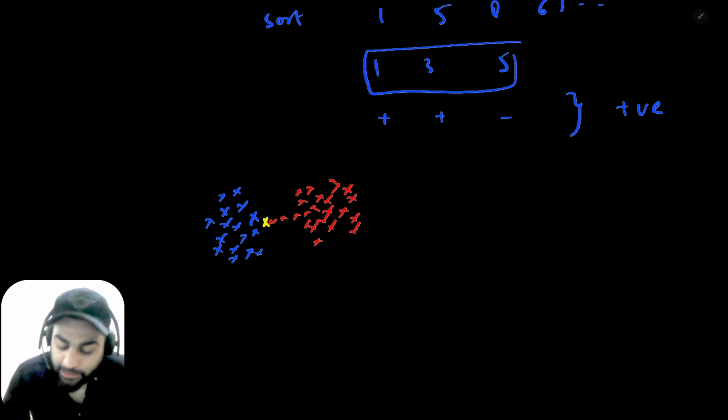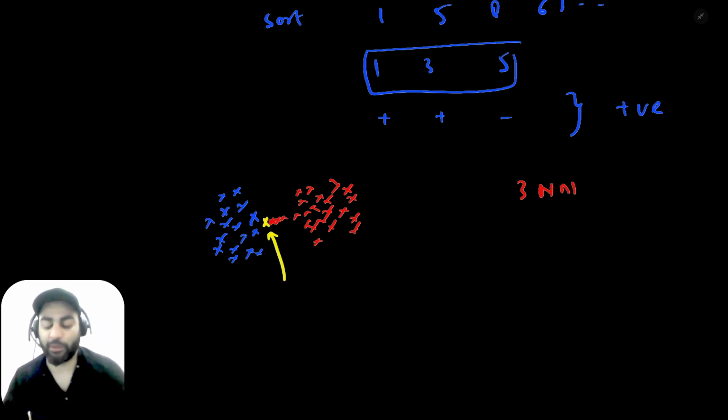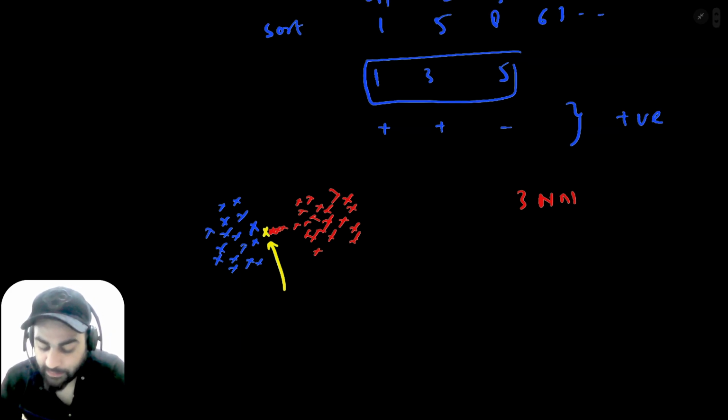If we try 2NN, or even 3NN, what label will this point get? Even with 3NN, this will be the neighbor, this red point is again a neighbor, maybe this is again a neighbor, and the third point is also a neighbor.